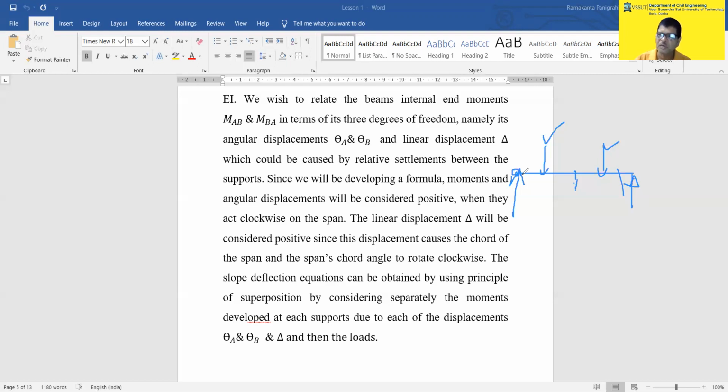The moment is equal to the moment due to theta A, plus the moment due to theta B, plus the moment due to delta. So these three things can be combined. That will give the moment at this node. So you can calculate independently the moments due to the application of rotation theta A, theta B, and delta, and then find the total moment due to all these cases.